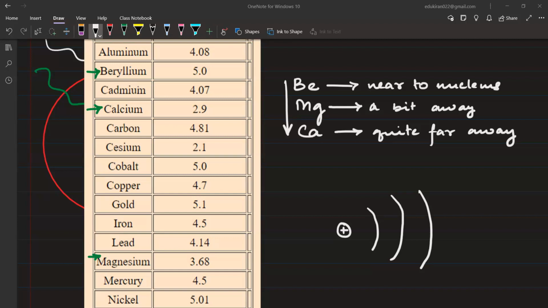From the work function, we can predict that the beryllium atom is small, magnesium is a bit larger, and calcium is the biggest.